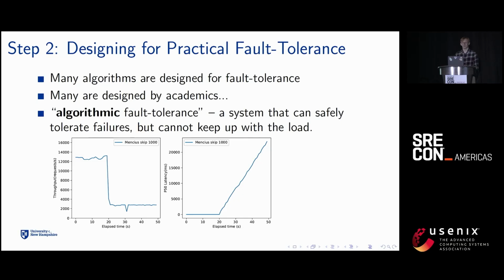We want to design for practical fault tolerance, not algorithmic paper fault tolerance, right? And the key idea here is we need to make sure that the fault tolerance, the reconfigurations that our systems will take in response to faults, don't take a lot of resources, right?